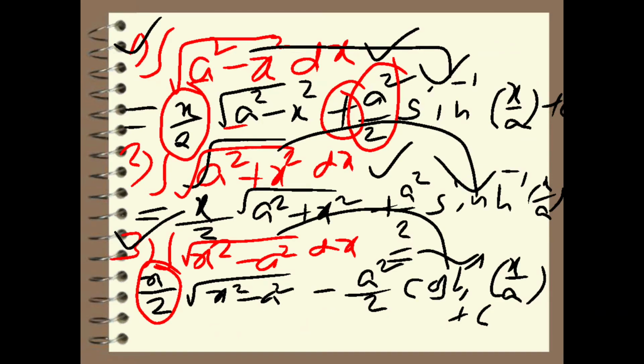So x by 2 into root a square minus x square plus a square by 2 sine inverse x by a, you have to remember. Root a square plus x square: x by 2 root a square plus x square plus a square by 2 sine h inverse x by a. Root x square minus a square into dx: x by 2 root x square minus a square minus a square by 2 cos h inverse x by a.